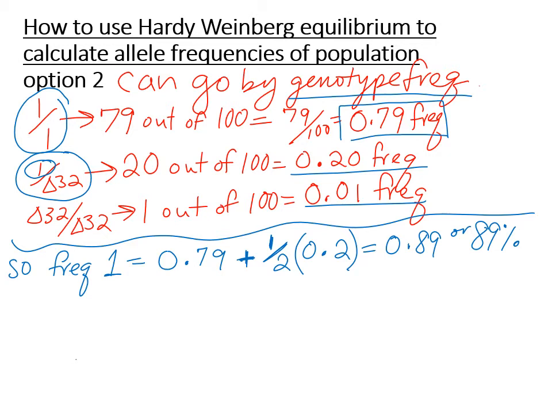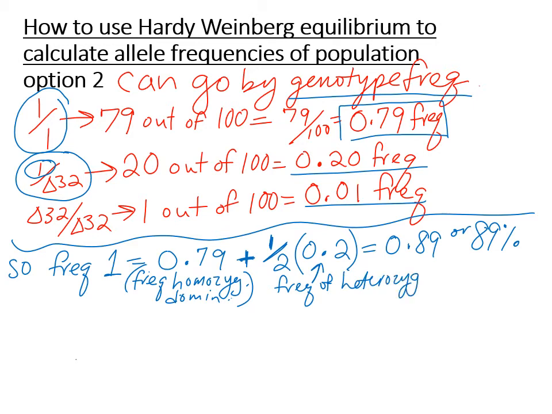And for your notes, in case you forget where we got the numbers, 0.79 is the frequency of homozygous dominant, and then 0.2 is the frequency of heterozygous. And then the last thing to calculate is the frequency of our second allele, which is delta 32. Where do you see delta 32? Well, the first place we see it is the other half of the heterozygote genotype.